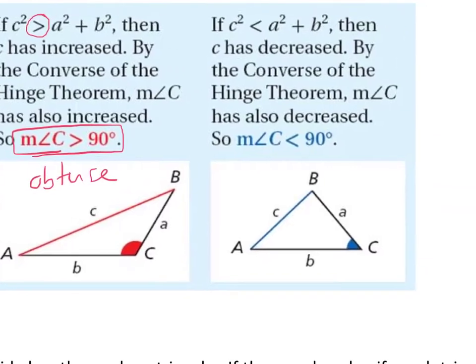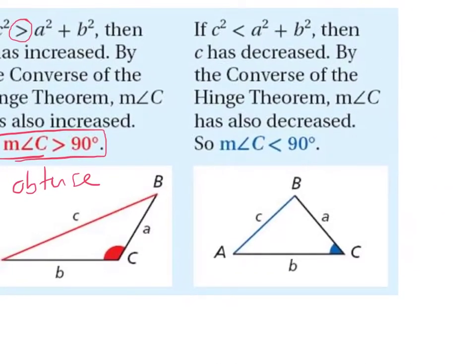If you do the Pythagorean theorem and you have a hypotenuse squared that is less than the sum of the squares of the two legs, that would tell you that you have an acute angle, or it's less than 90. So an acute triangle.